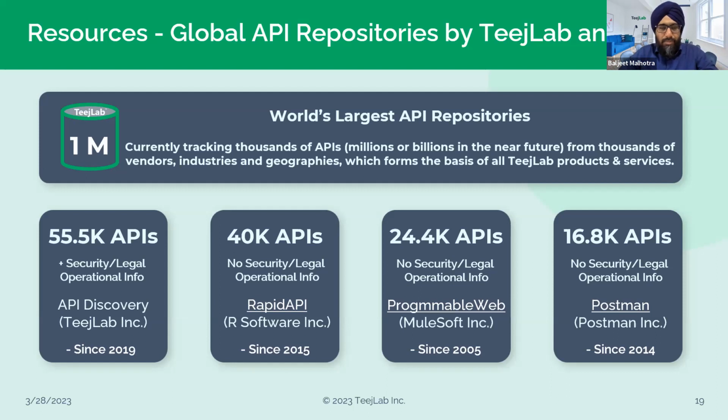And speaking of the repository, although we are tracking roughly 50,000 or so APIs, as you can imagine, there are not only 50,000 APIs. It's much, much more. We did some estimation that there are already 1 million APIs available on public repos, across different geographies.